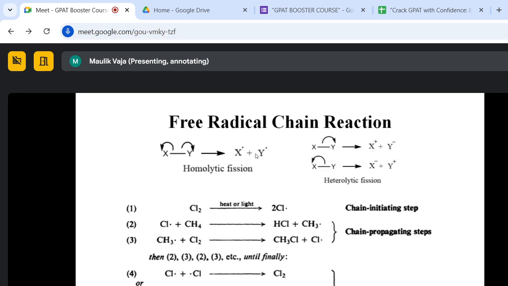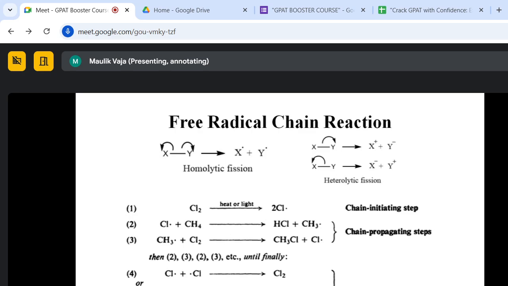These are basic things which we do not focus on, and in the exam it will be difficult to recall them. So these small things you have to remember, homolytic fission as well as heterolytic fission. And this chain will go on and on until all hydrogens are replaced by chlorine.